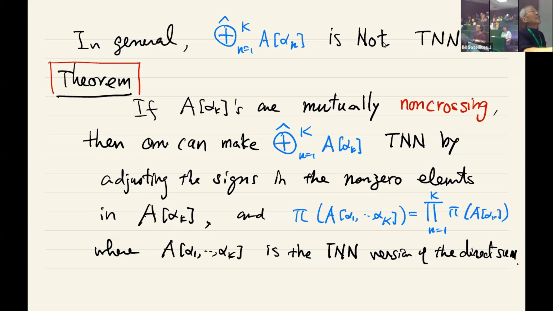All right, by adjusting only the sign of the non-zero elements in each A alpha K, this is okay. So the left-hand side is the totally non-negative one, created by this arrangement of kappa and the permutation.